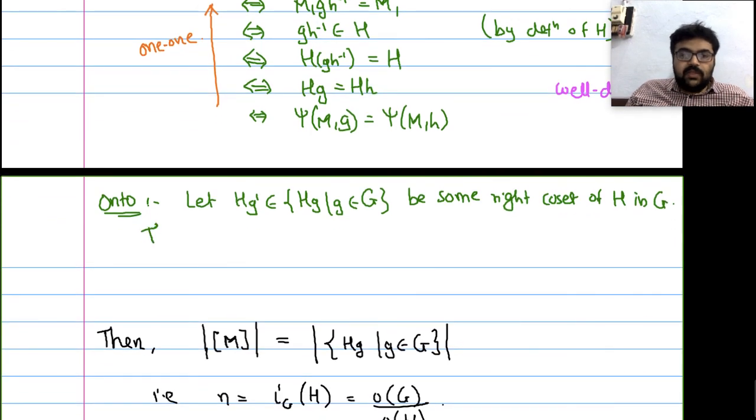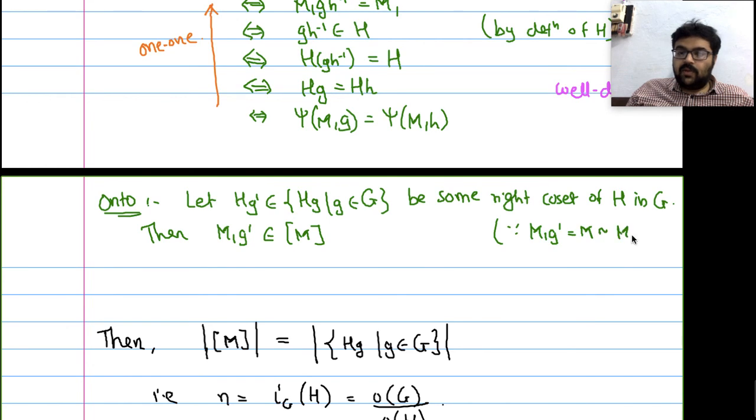But then once we have g', what will happen? Then what is m1g'? m1g' is an element of M. Why? Because m1g' is equivalent to m1 by definition, so let us not go in deep.